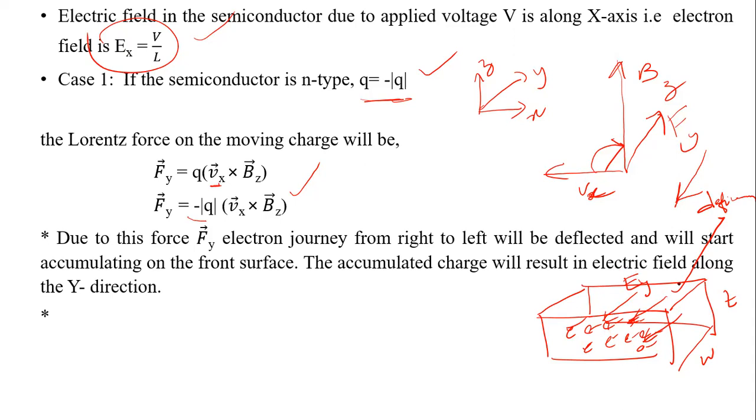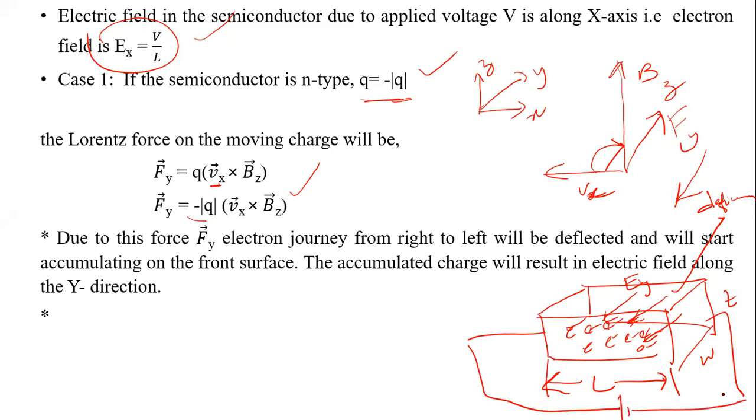Can you understand the point I'm trying to make here? This is the length of the semiconductor, and you are already applying an external voltage here, positive, negative. This external voltage is along the x-axis.